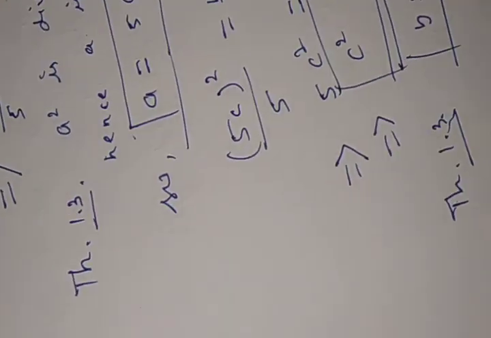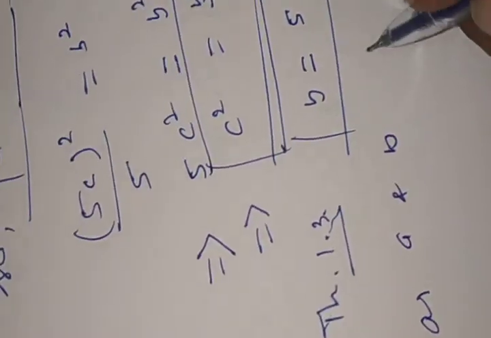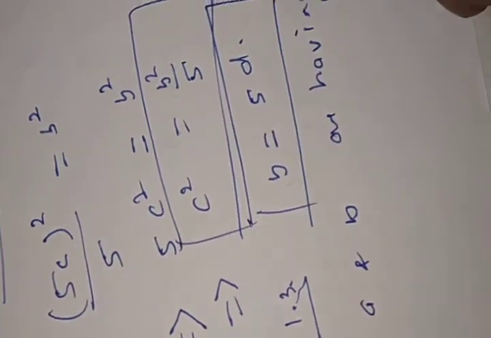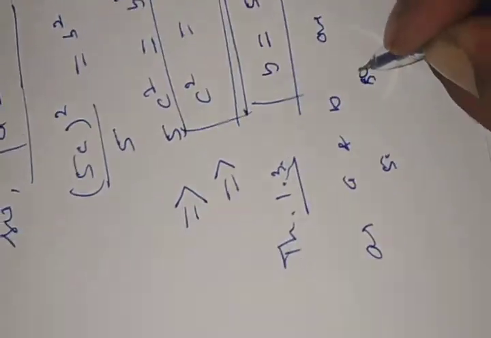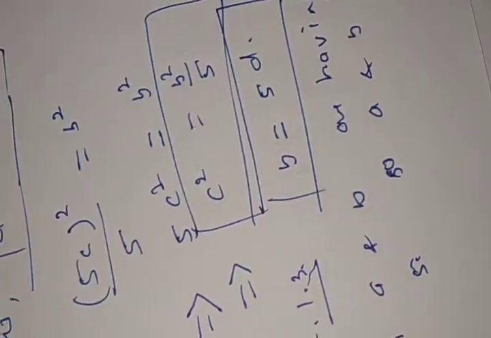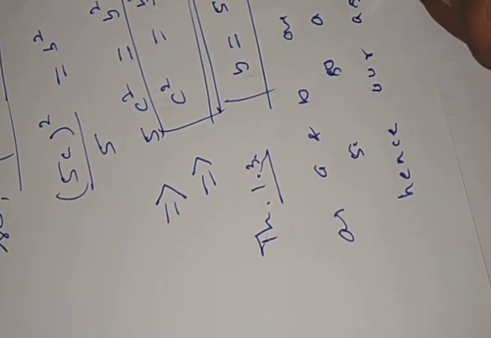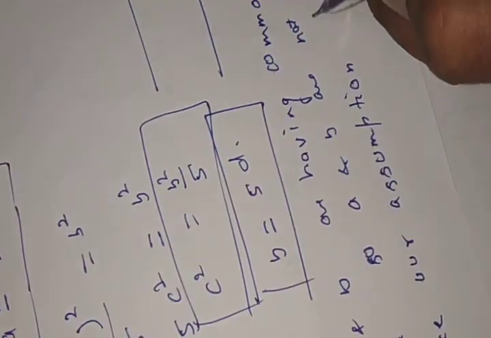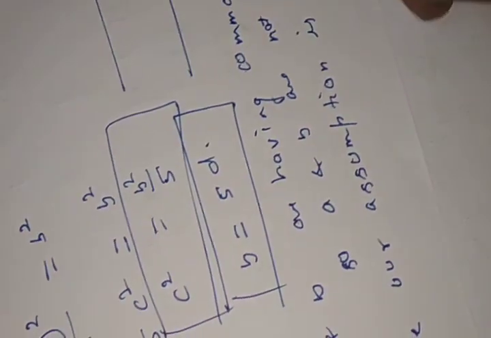So here you will write as a and b are having common factor 5. So a and b are not co-prime, hence our assumption is wrong.